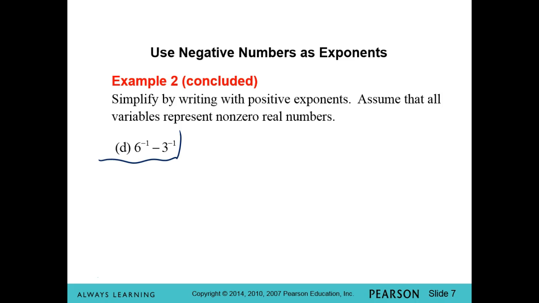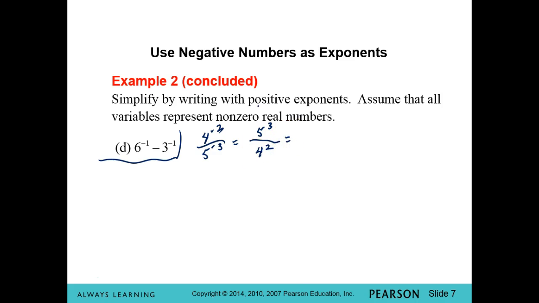So here's where they start. 4 to the -2nd divided by 5 to the -3rd. What would you do as your first step to simplifying that? Okay, you're going to flip them, kind of, right? So what's on top? 5 to the +3, and on bottom, 4 squared.